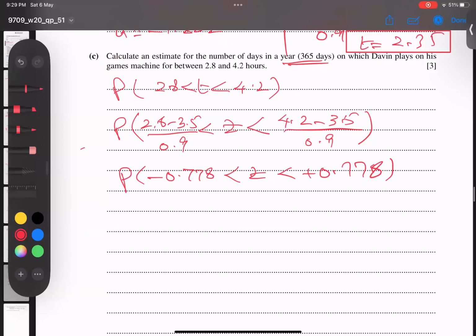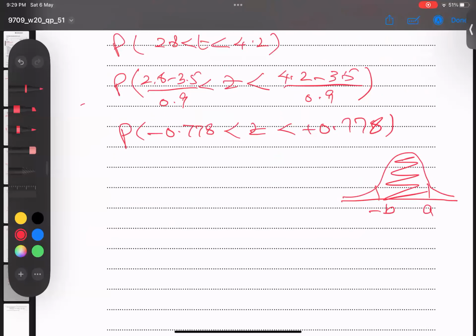I discussed in detail, students, if you remember, that if one value is positive and the other value is negative and we're looking for the middle area, the technique is phi of the positive number plus phi of the other number without the minus sign, add them both and minus 1.